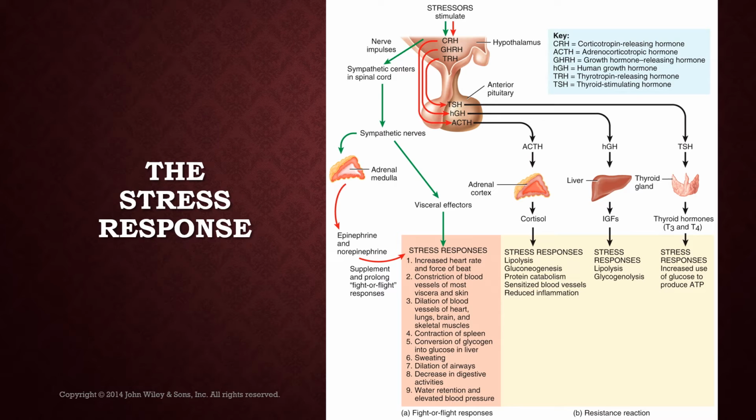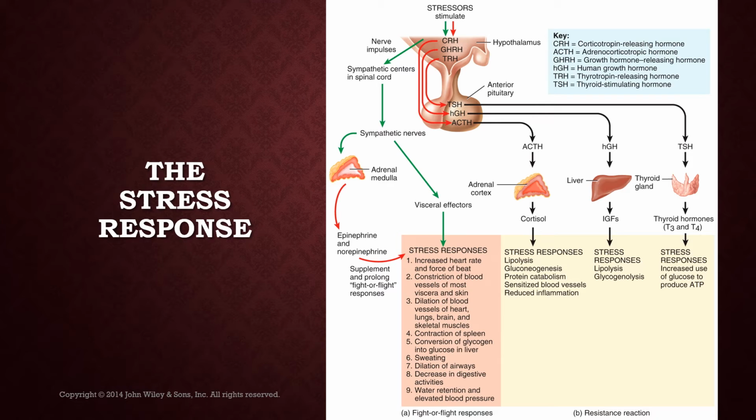This is going to be things like the brain, which has to become extremely alert, skeletal muscles, which have to either fight off an attacker or run away, and also the heart, which has to work really hard to pump enough blood to the brain and the muscles.